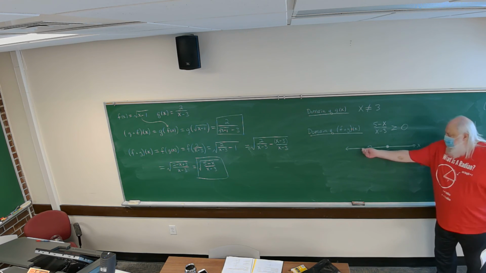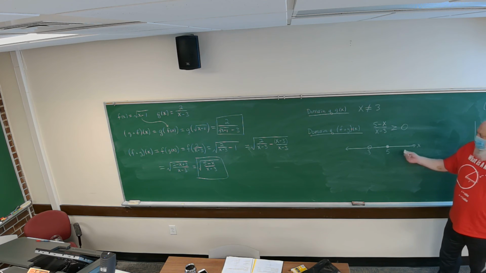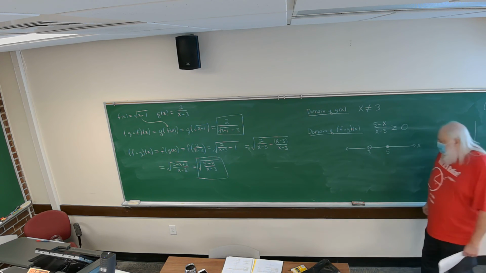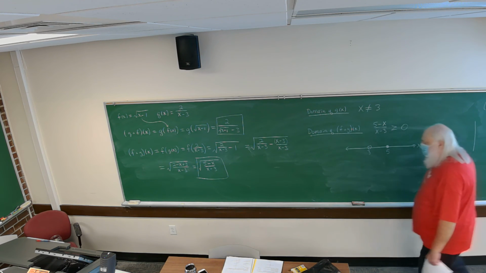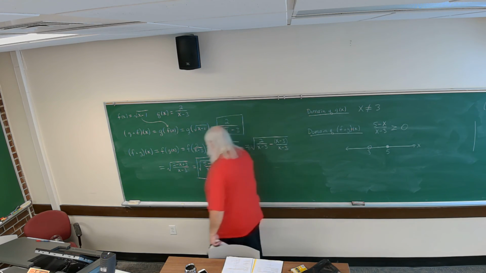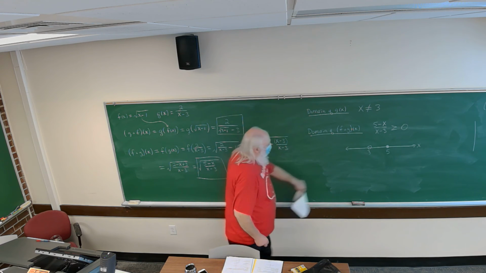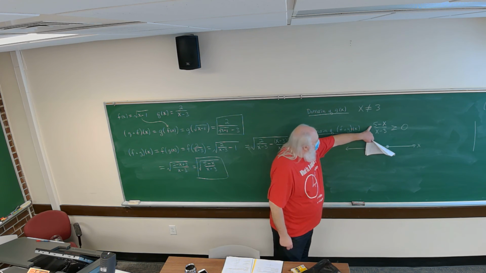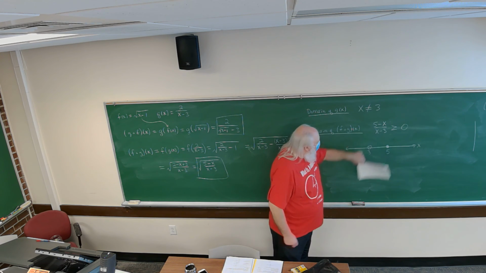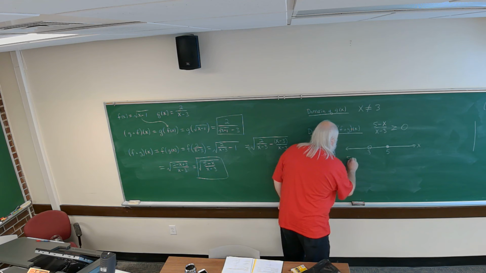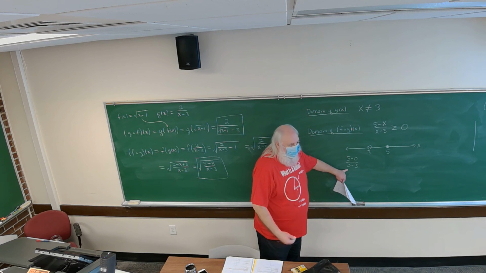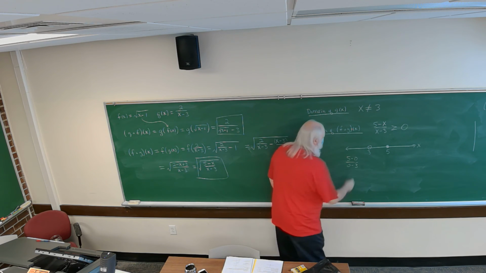And now you got to do the test points from the 3 intervals to see whether it makes this positive or negative, right? So if you put in 0, right, 0 is less than 3. You put in 0 for x, you have 5 minus 0, which is 5, over negative 3, which is negative, right?